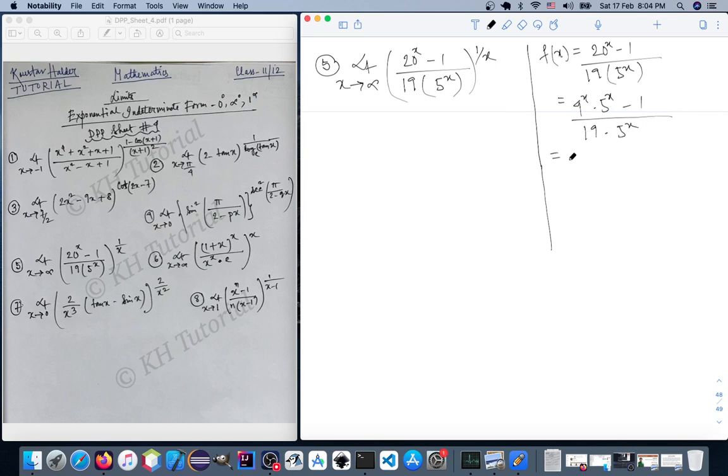If I take 5 to the power x common, I get this thing, and this ultimately becomes this.